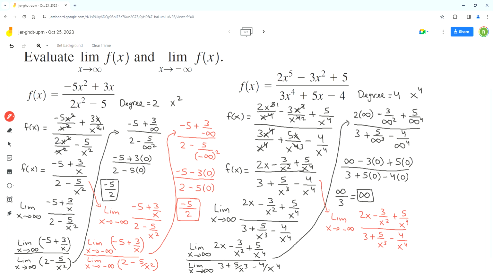So now we can distribute the limit to the numerator and the denominator. So limit x approaches negative infinity of the numerator, over the limit as x approaches negative infinity of the denominator expression, 3 plus 5 over x cubed minus 4 over x^4.